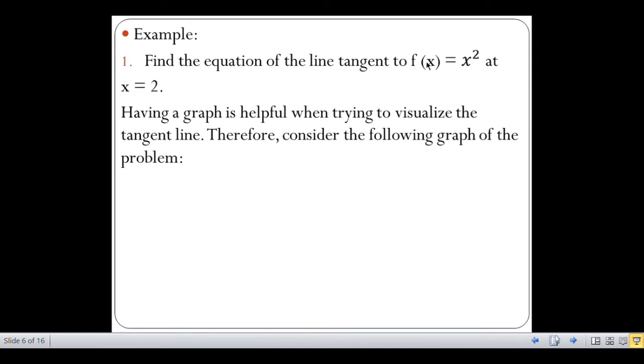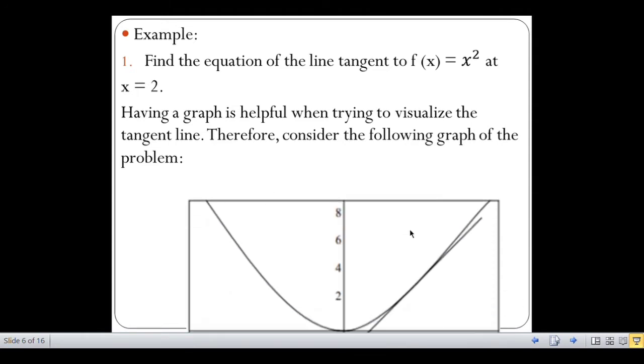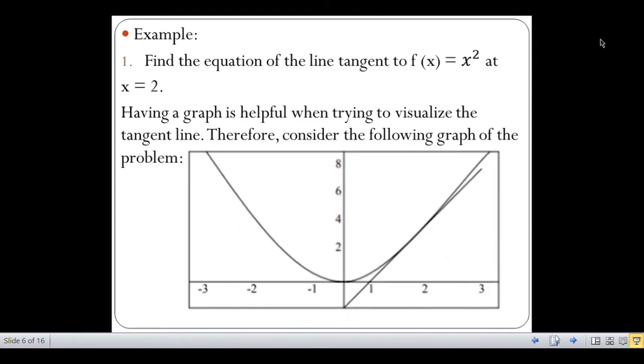Okay, so having a graph is helpful when trying to visualize the tangent line. Therefore, consider the following graph of the problem. Okay, so itong graph, ito po yung graph once nakuha na natin yung equation of a tangent line gamit itong given problem. So, we have f of x equals x squared, then at x equals 2. So, mamaya, babalikan natin ito class na graph kung paano kaya ito nakuha or paano tayo nag-come up sa ganitong graph.